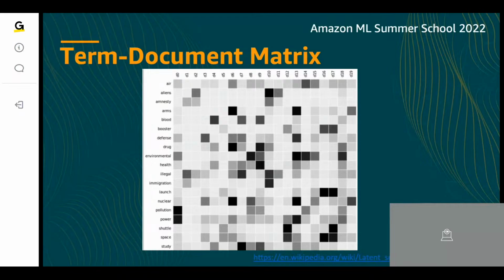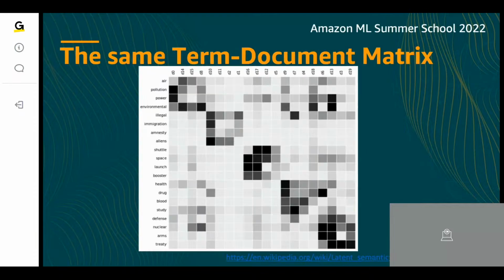The colors, or the darkness of a particular cell, show you how frequently a word is occurring in a particular document, right? Now, the question that we are trying to ask is the following: is there a certain substructure to these documents? Are the documents talking about the same topic or not? So an SVD operation on this term document matrix leads you to this.